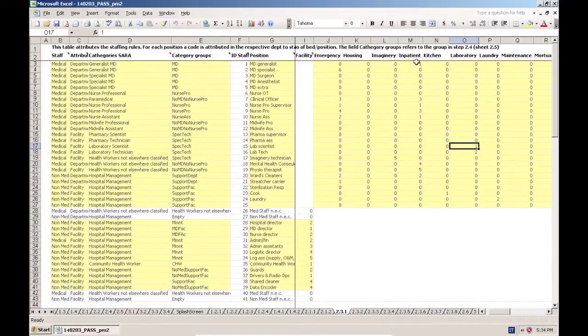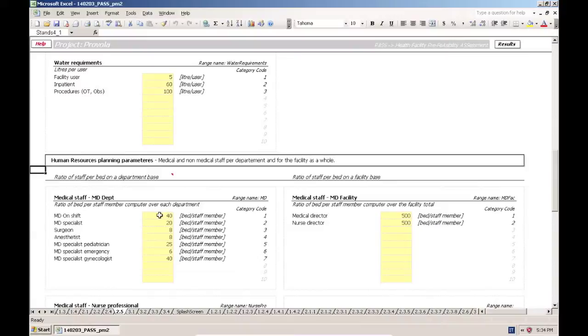That means that this is the code for the ratio describing how many generalist MD you want in the inpatient department. And just have a look, it's 1 every 40 bed.